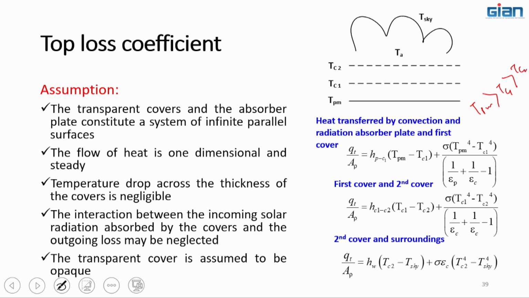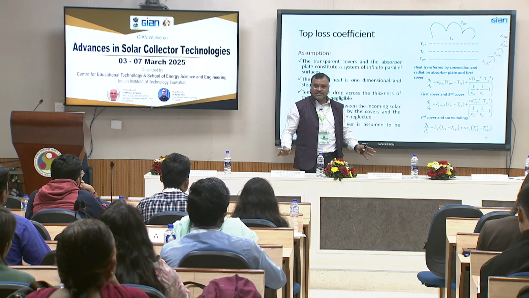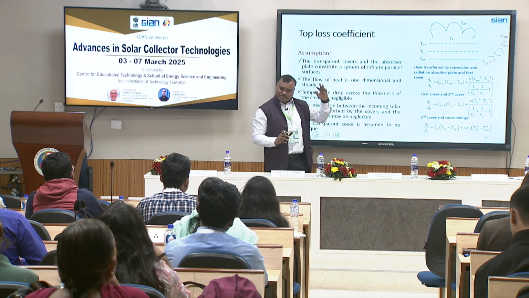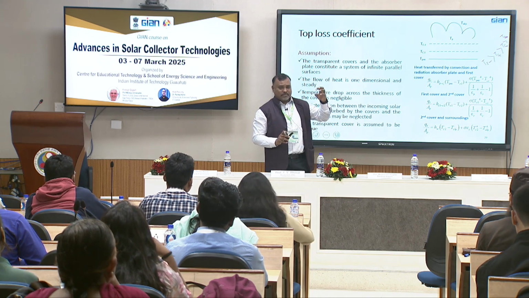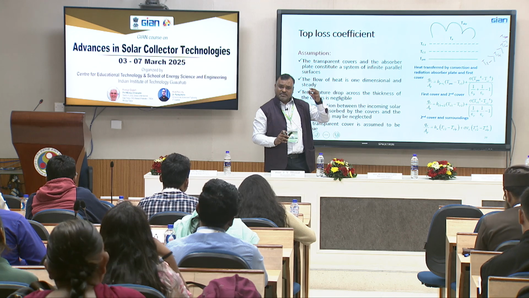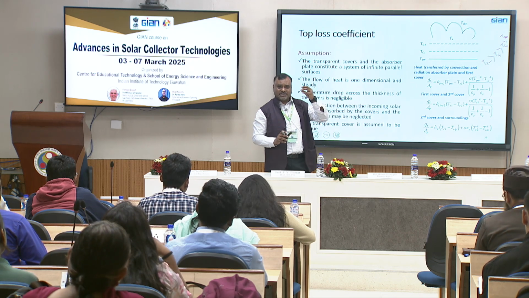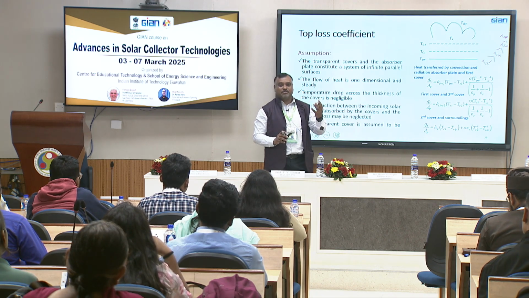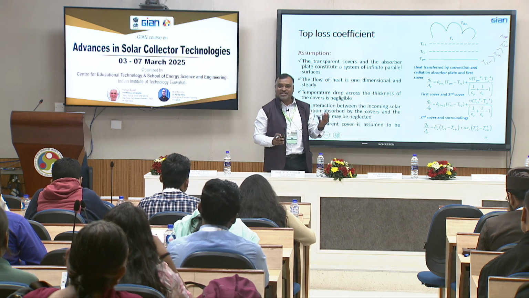Then you have a T sky. What is T sky temperature? Do you have any idea? What is the difference between ambient temperature and sky temperature? Sky temperature is something like this: when solar radiation comes, these emissions or radiations are trapped in the gas molecules, and that emits radiation, because any object having a temperature above absolute zero will emit thermal radiation.